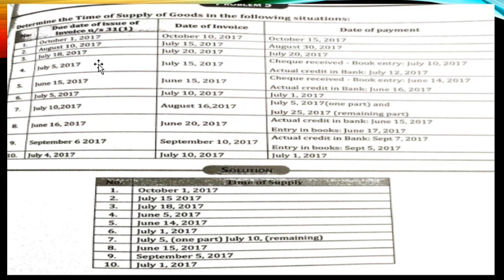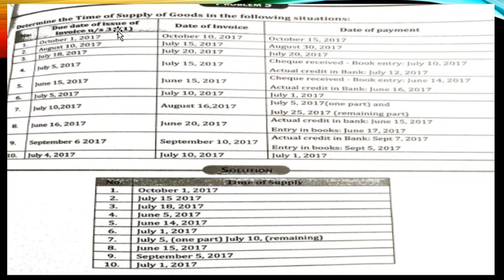The due date of invoice: the invoice should be given within October 2017. The date of invoice is October 10, 2017. The date of payment made for that invoice or the goods bought is October 15, 2017. Among this, whichever is earlier should be considered as the time of supply, and the taxes should be paid immediately.